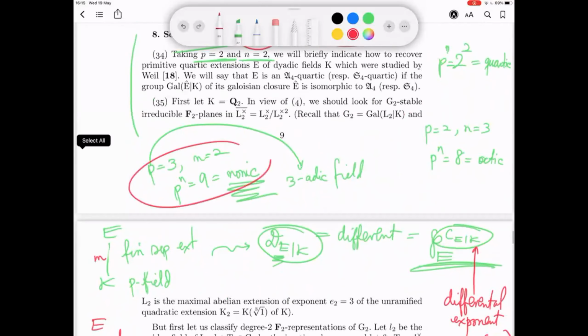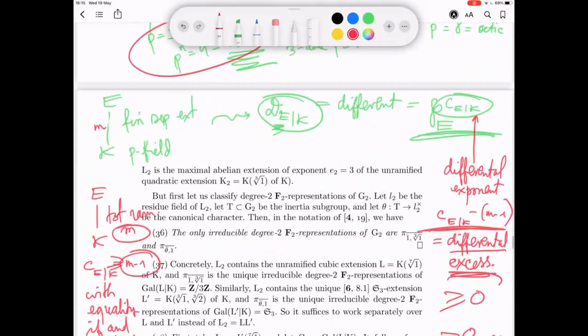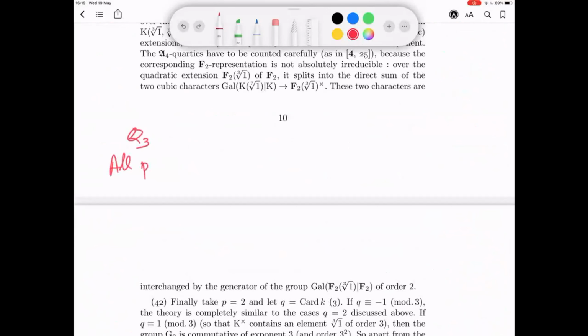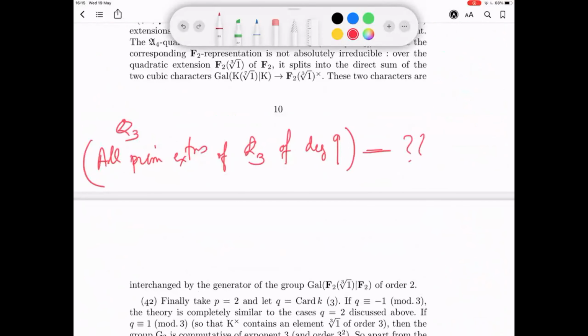You just take the field Q_3 and write down all primitive extensions of Q_3 of degree 9. What are they? Not only how many are there, but what are they? You should be able to write them down.